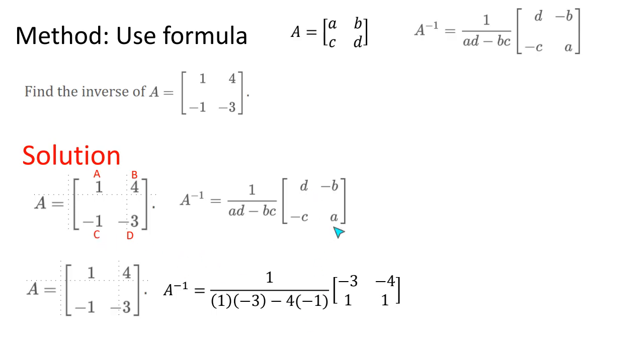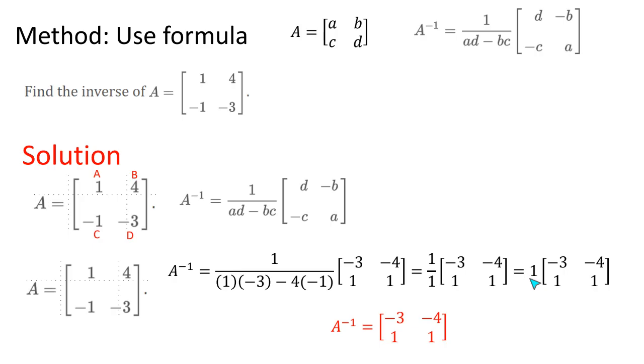I'm going to switch the D and the A. So A is going to go down here. So I get -3 and -1. We're going to switch the signs for B and C. So 4 is positive, now it's going to be negative. And C is negative, so now it's going to be positive. If we simplify, we get 1 times -3 is -3. And then -4 times -1, +4.